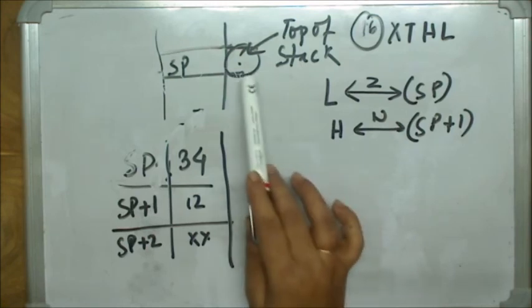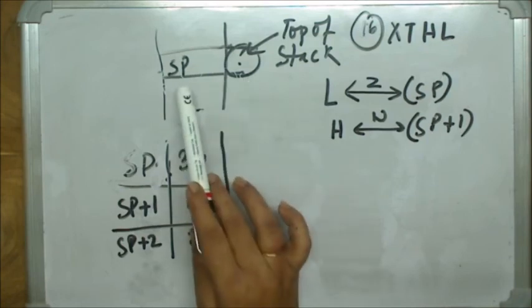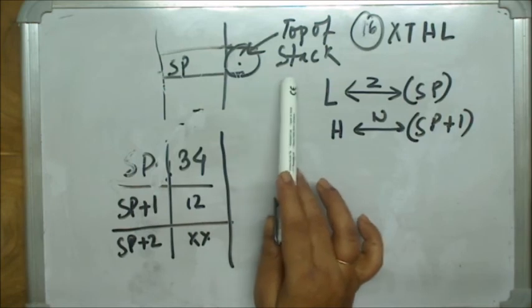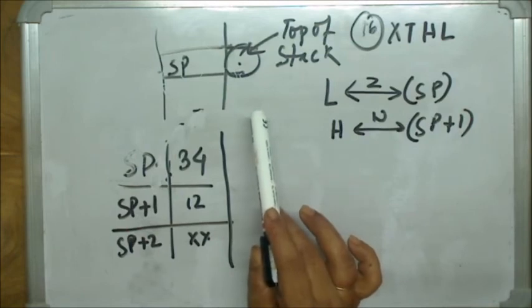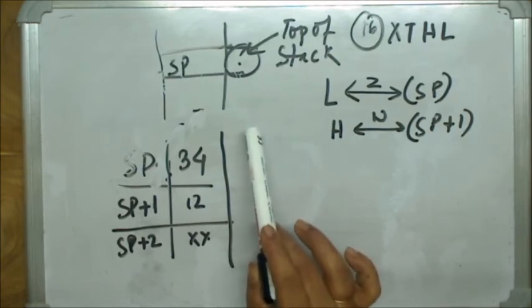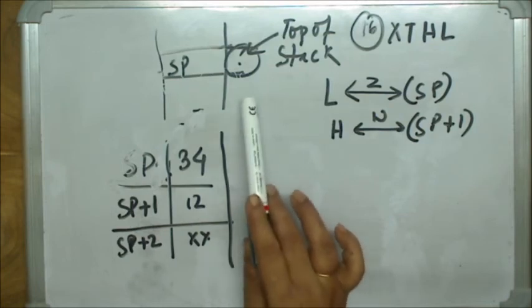Now you are exchanging the data at the top of stack with the HL pair. Understood? So what does SP give? The address. I am interested in the data which is stored at the top of the stack.